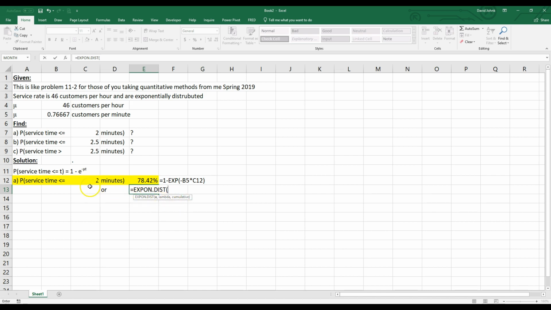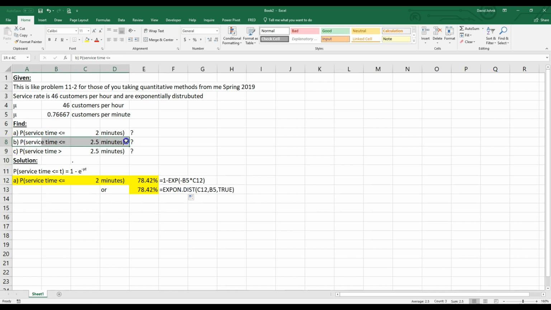So x is going to be this. Lambda is like our mu. And remember, since this is minutes, I want to use mu in minutes. And then for cumulative, you're going to say true. And then that will give you the same answer. That's another way you could do it, just directly use it without looking it up in a formula.